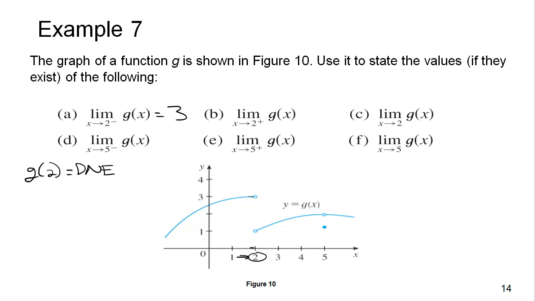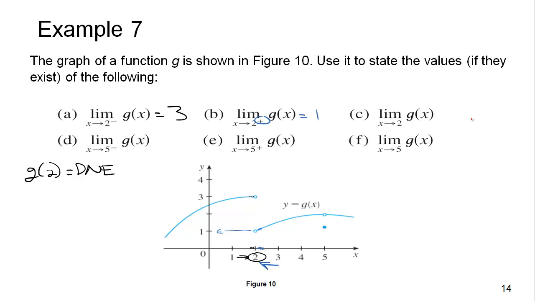The plus means we're now coming at it from the right. We're getting things closer and closer over here, which means we're now getting closer and closer to that height of 1. Okay, so the left-hand limit equals 3, the right-hand limit equals 1.